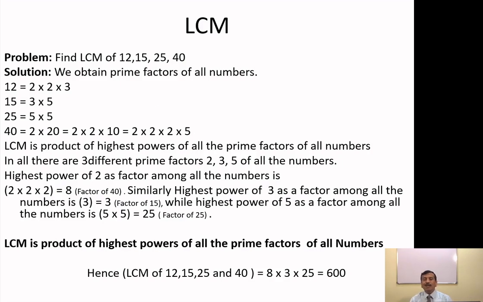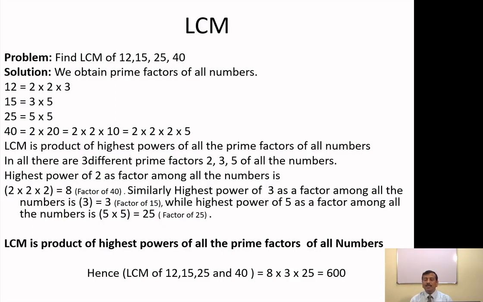Let's see another example and try to dwell upon how to go about getting LCM. Find LCM of 12, 15, 25, 40. Now we get prime factors for all the numbers as mentioned. LCM is the product of highest powers of all the prime factors of all the numbers. In all there are 3 distinctly different prime factors, namely 2, 3 and 5, of all the numbers.